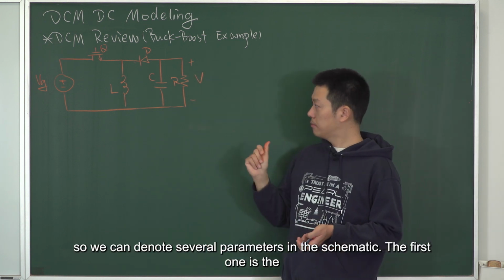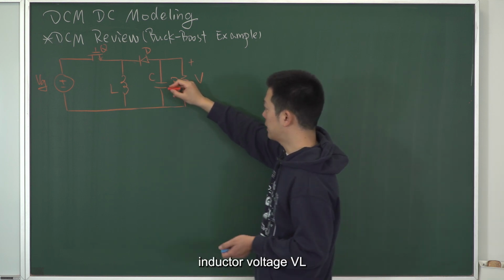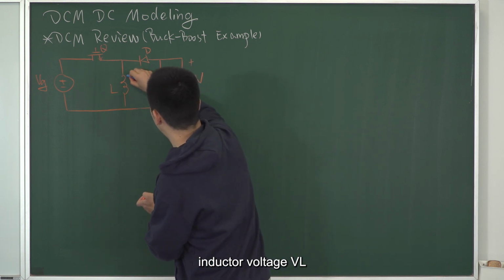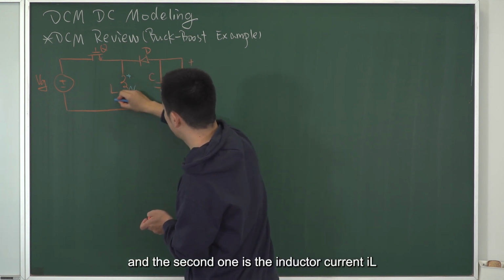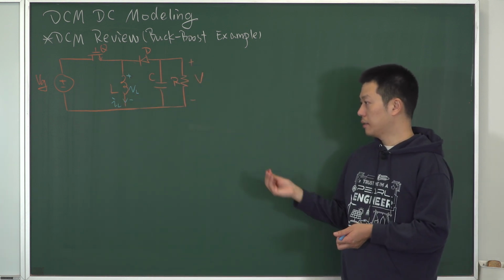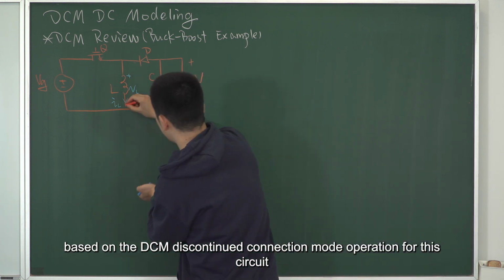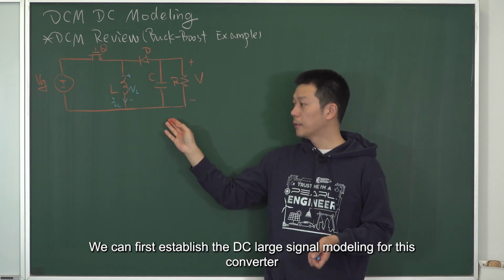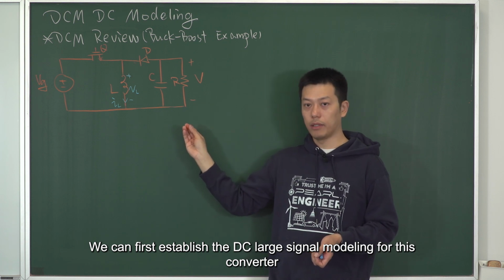We can denote several parameters in the schematic. The first one is the inductor voltage, VL, and the second one is the inductor current, IL. Based on the DCM, discontinuous conduction mode operation for this circuit, we can first establish the DC large signal modeling for this converter.